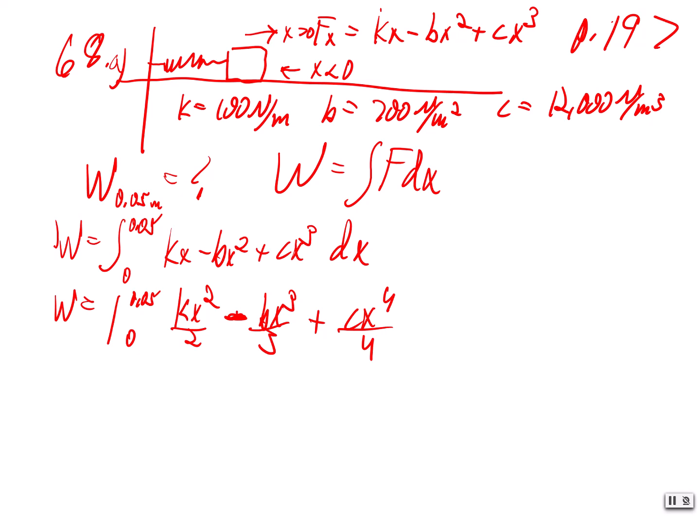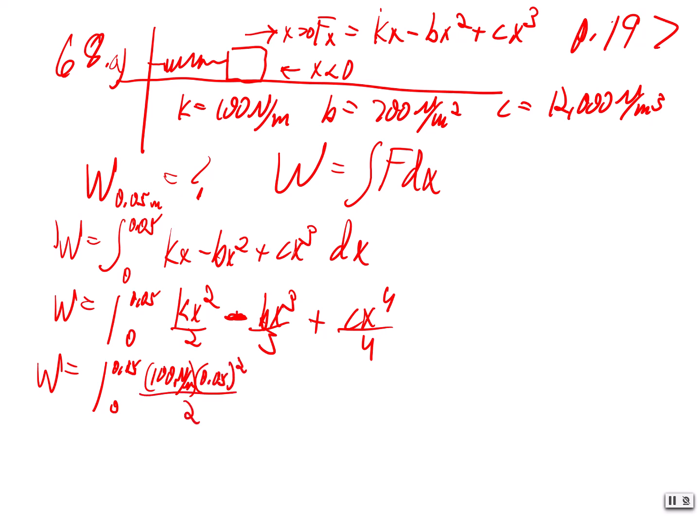Now let's just plug and chug. The work is equal to, from 0 to 0.05, k was 100 newtons per meter, times 0.05 squared over 2.